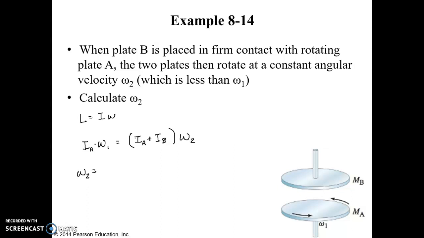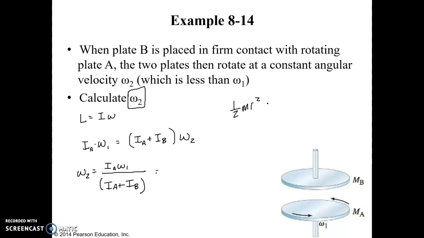So the angular velocity 2, which is what we're trying to find, how fast will it be spinning after the two plates come together, is equal to IA omega 1 over IA plus IB. Yeah, that's it. So what do we know here? What can we plug in? So for these cylinders, the moment of inertia is 1/2 mr squared.